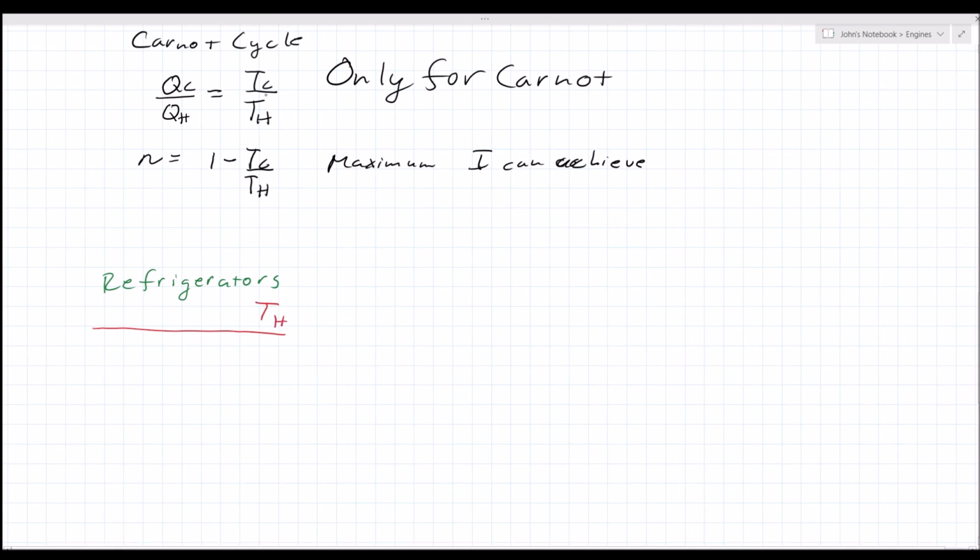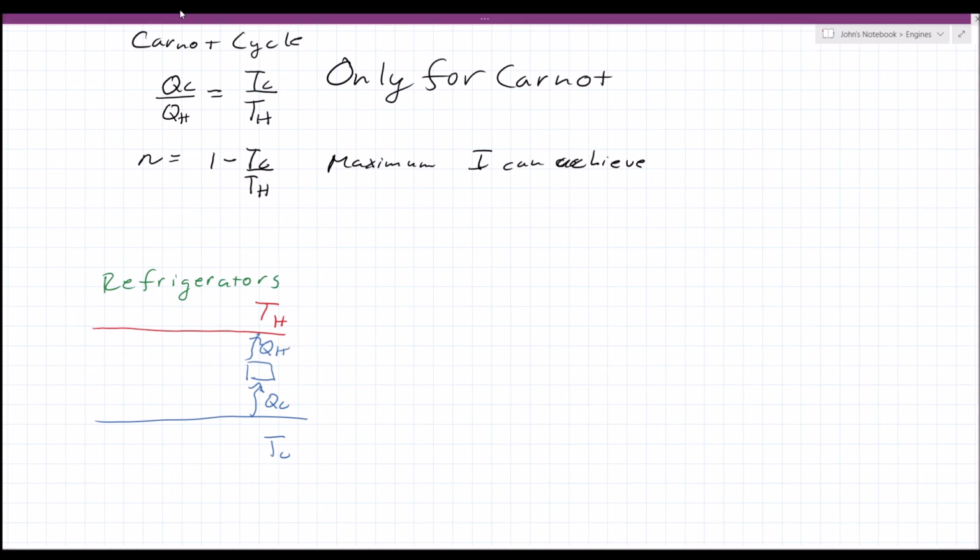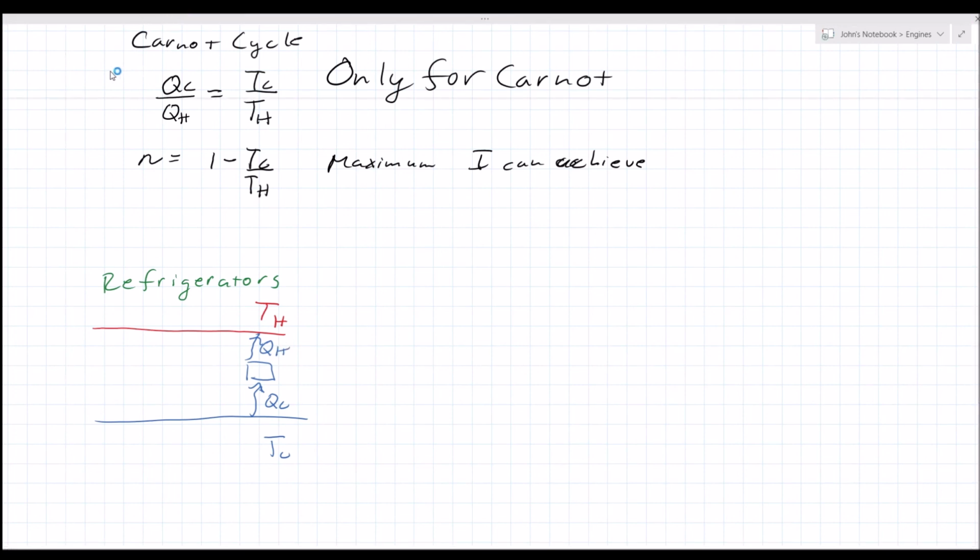So, if I draw out my Carnot cycle again, T low, my box, and I have QC going in and Q hot leaving, if I put in work, then this is now possible, and that is how refrigerators work.